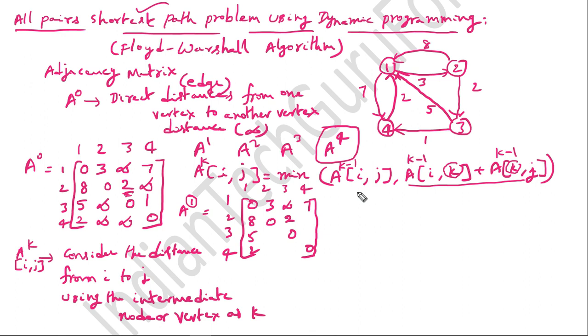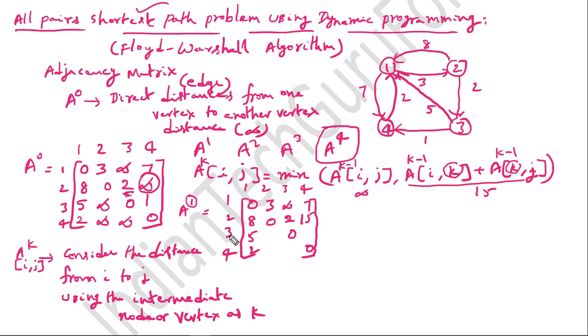So now this value is 15, and this value is infinity. Which is the minimum of infinity and 15? 15 is the minimum. So replace infinity with 15. So this value has been changed from A power 0 to A power 1.